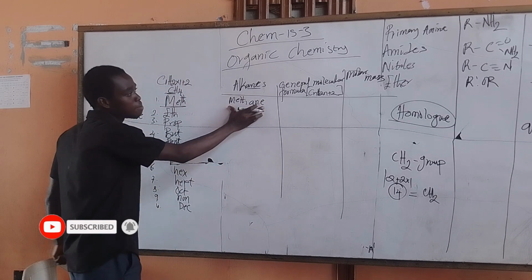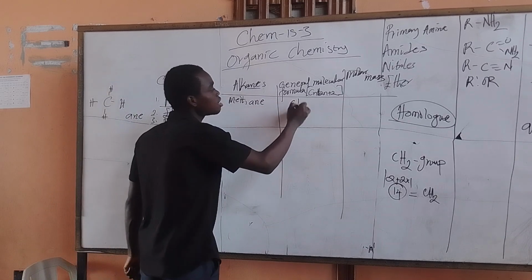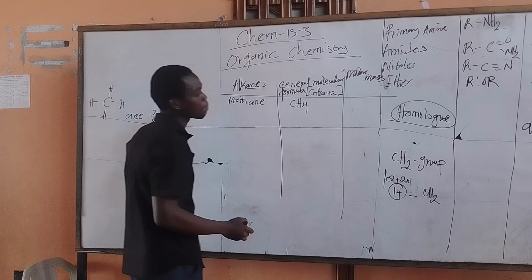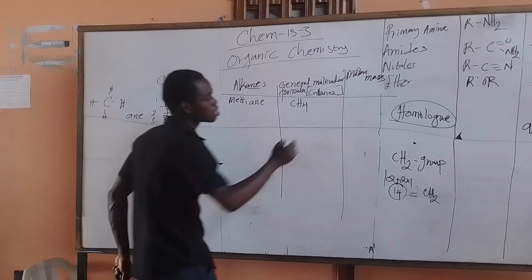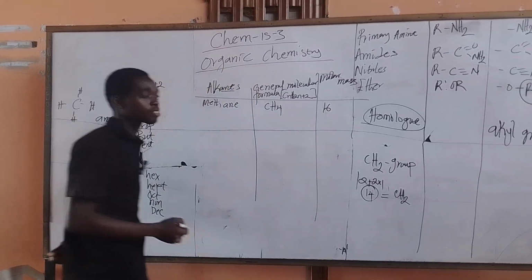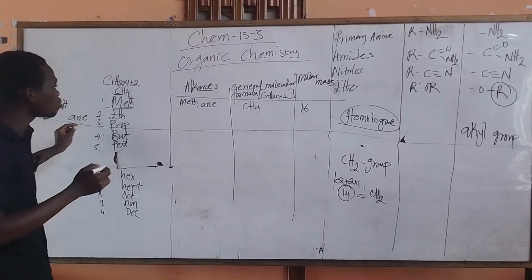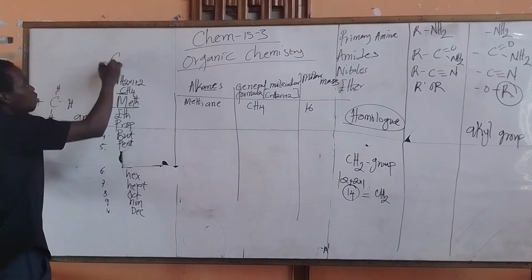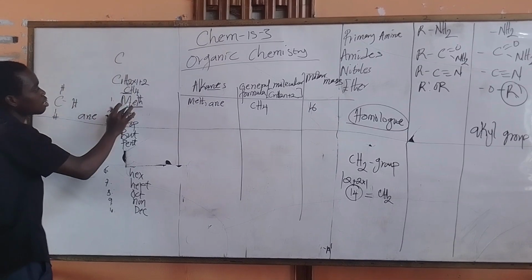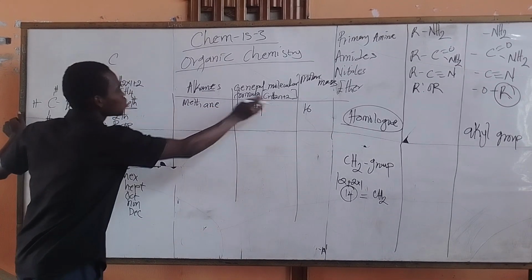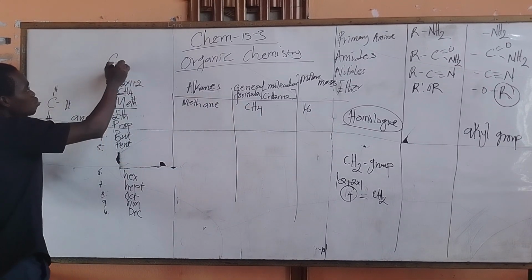So, this is what? Methane. And the formula is CH4. So, this is going to be 16. So, if we do the same thing, if we substitute 2 into this formula, we are going to have C, this is the formula. So, anywhere we see n, we substitute 2.